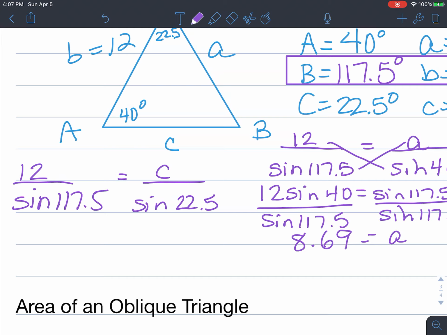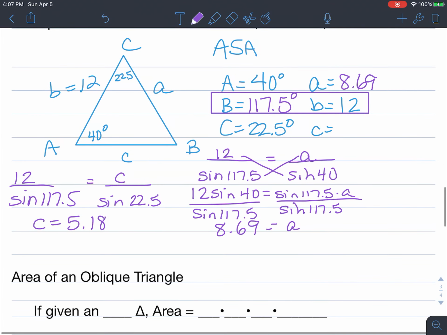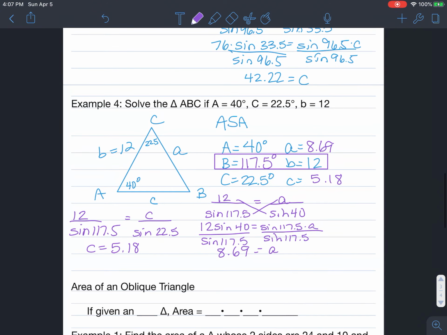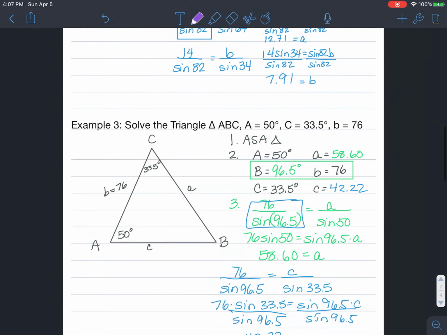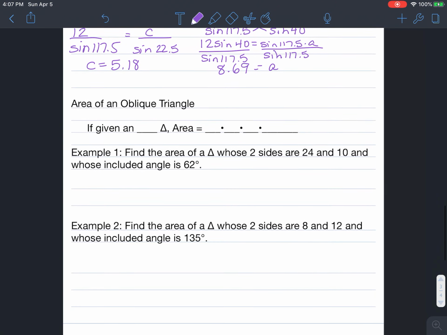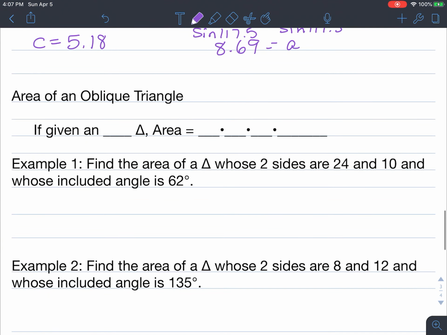So that'll be 12 times sine 22.5 over sine of 117.5, and we get 5.18. Okay. So I hope that was enough examples of the law of sines with ASA and AAS. So hopefully you'll be able to do your homework problems tonight.